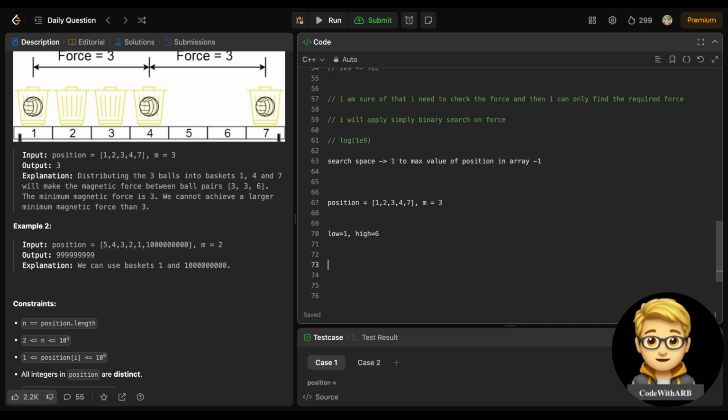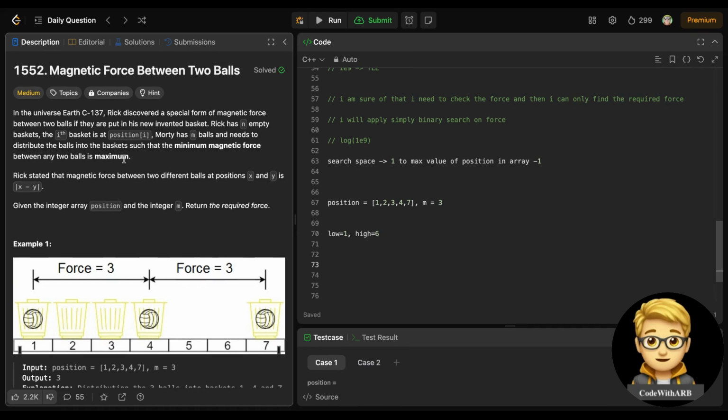But the slight twist is that here we need to find the maximum, and in yesterday's problems I needed to find the minimum. It means if I get some possible answer, I need to check for next greater elements, because here I need to find the maximum, and previously it was the minimum. I will show you what I mean.